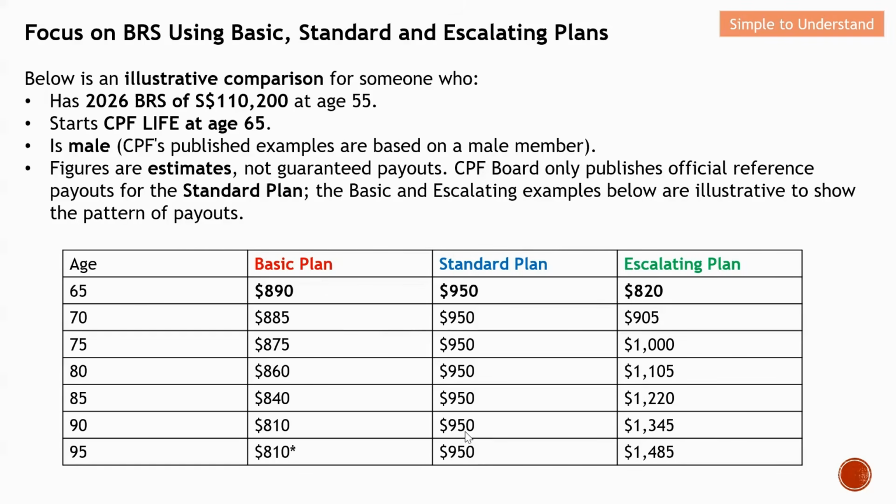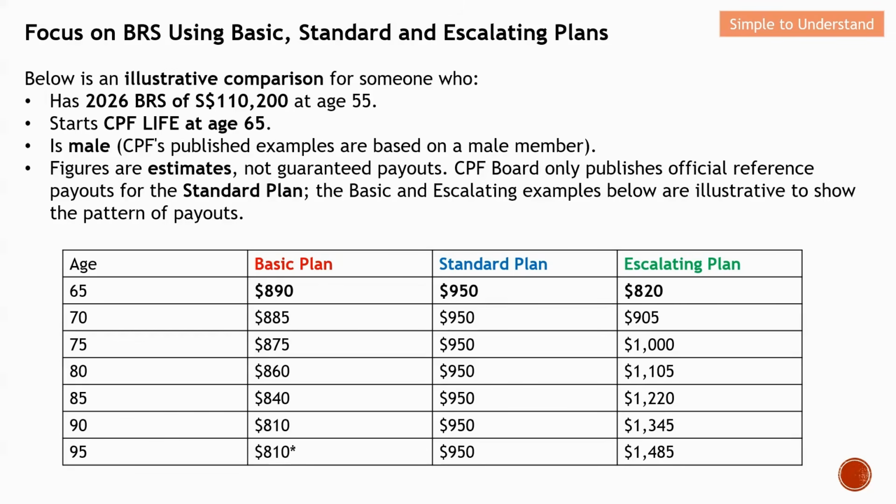Like I mentioned earlier, for the standard plan, you can see that the number remains constant. As for the basic plan, initially you are able to receive a higher payout. After, let's say, 60K inside your RA, your payout starts to drop to around 810 per month.